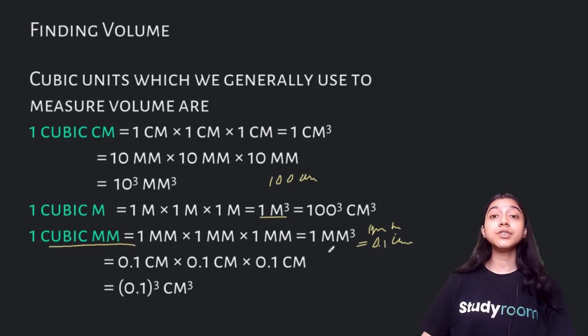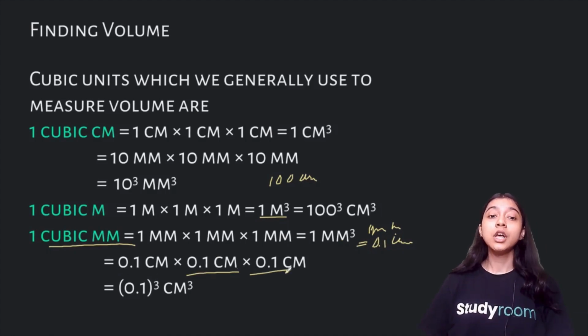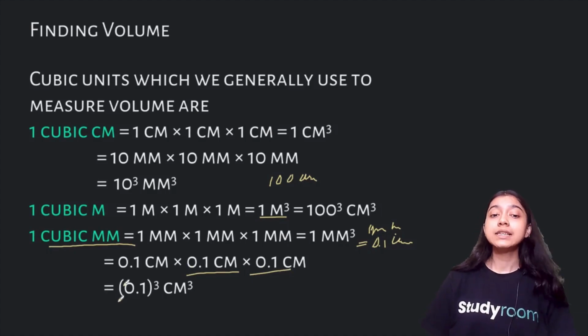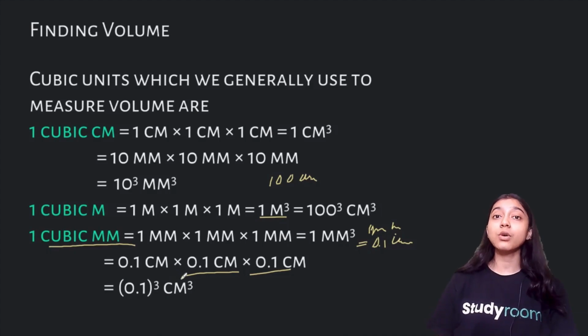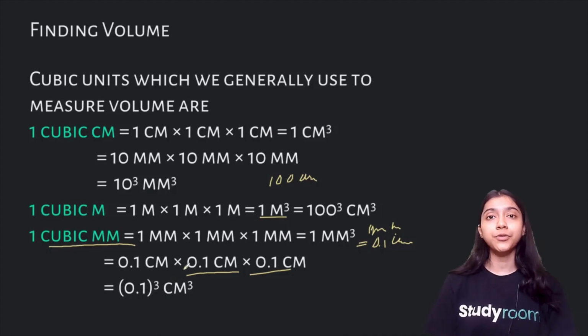So, that gives us 1 millimeter cube as 0.1 centimeter multiplied with 0.1 centimeter multiplied with 0.1 centimeter. So, this ultimately gives us 0.1 to the power of 3 centimeter cube. So these are the three basic measurements that we use to find out the volume of any solid.